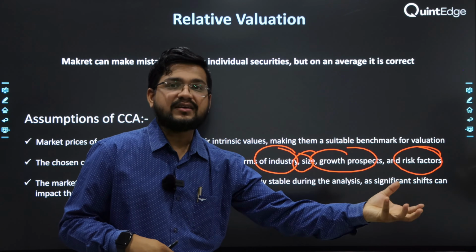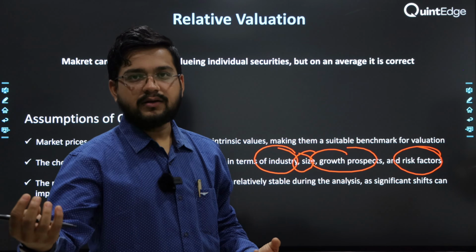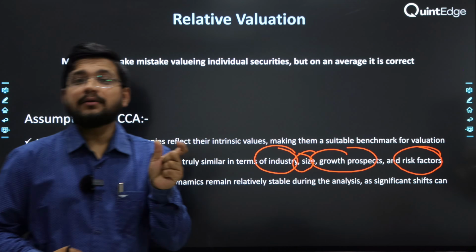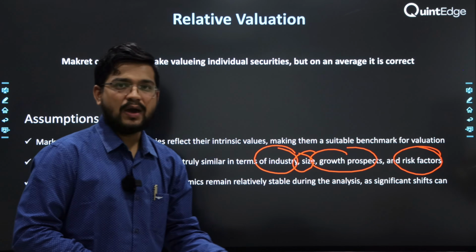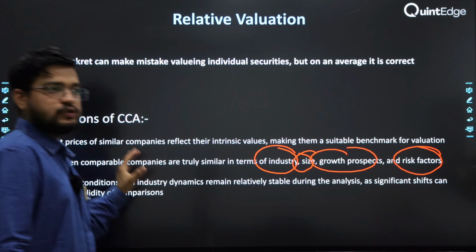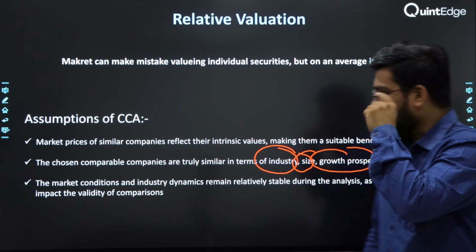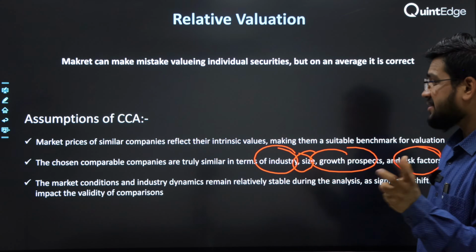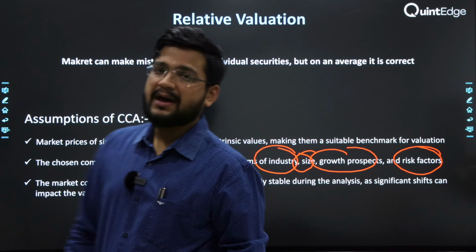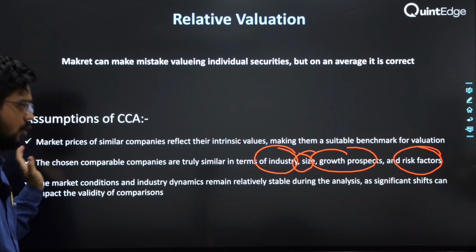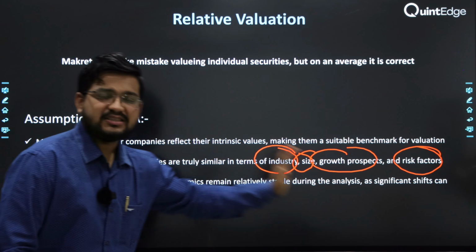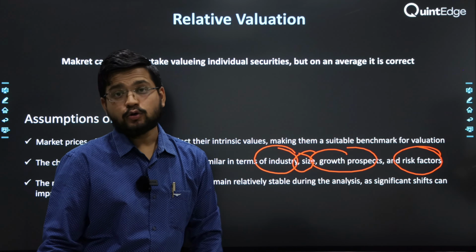Other flats would be 800, 900 or 1,200 square feet. So what I can do is calculate a multiple, that is, rate per square foot. So in relative valuation also, we work on multiples. We try to refine multiples as much as we can. But this is the basic assumption behind CCA, that is comparable company analysis, that all the competitors or all the transactions that I choose will be comparable to each other.